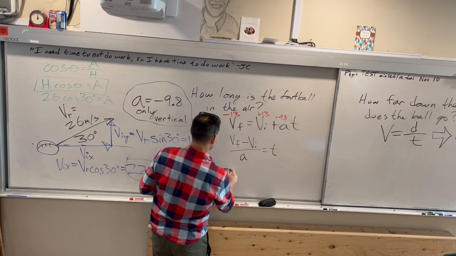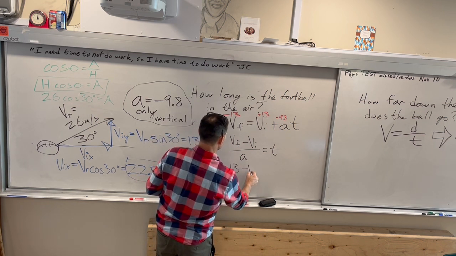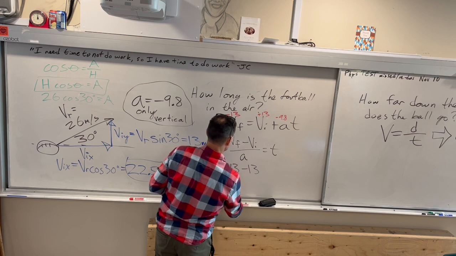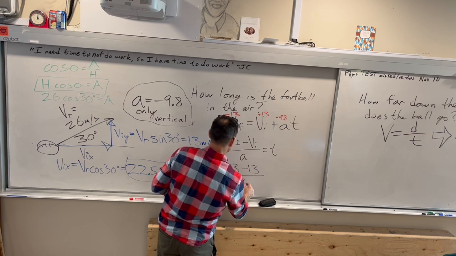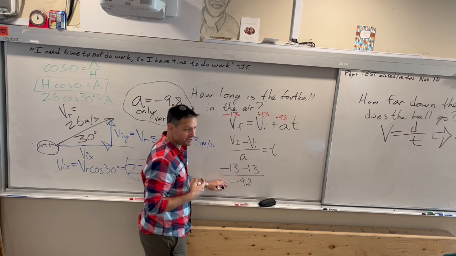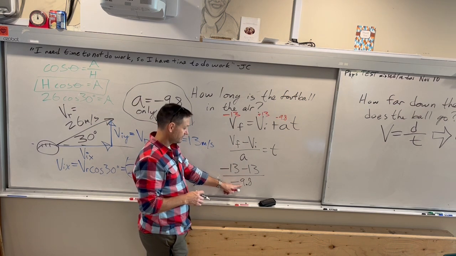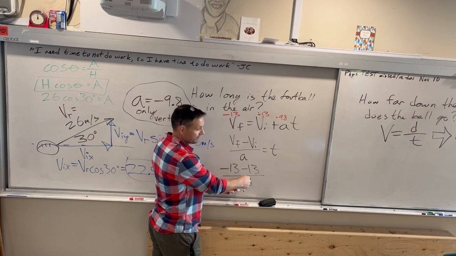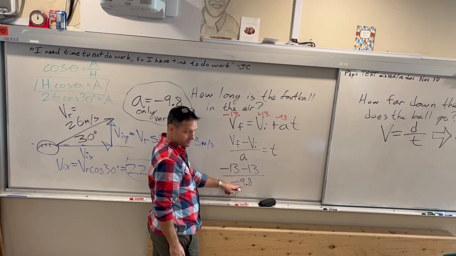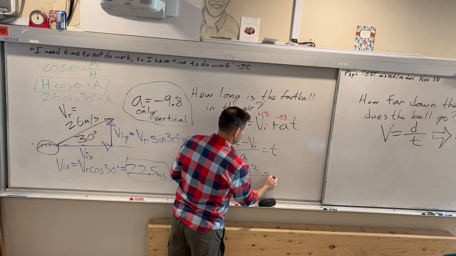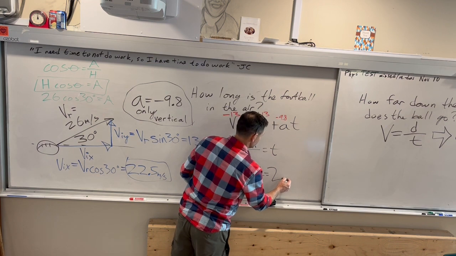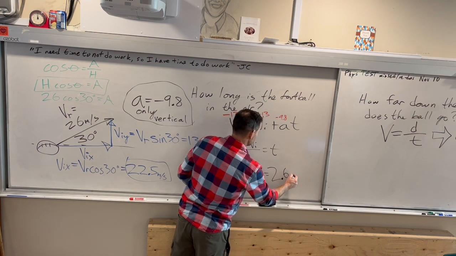So I have negative 13 minus positive 13 over negative 9.8. I'm going to be honest, I just did this in my head. I just round this to negative 10. So I know this is negative 26 divided by 10 is 2.6. It's close at least.